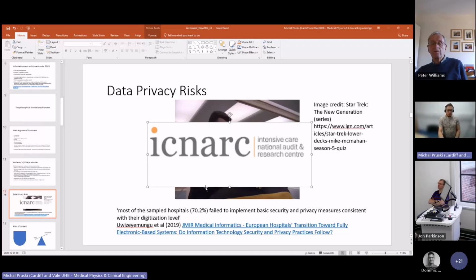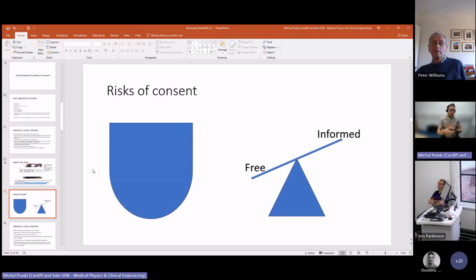So overly focusing on AI might be used a bit as a smokescreen or as a distraction from other problems with regards to the digitalization of the healthcare system. And again, just to highlight the issue of risk of consent.